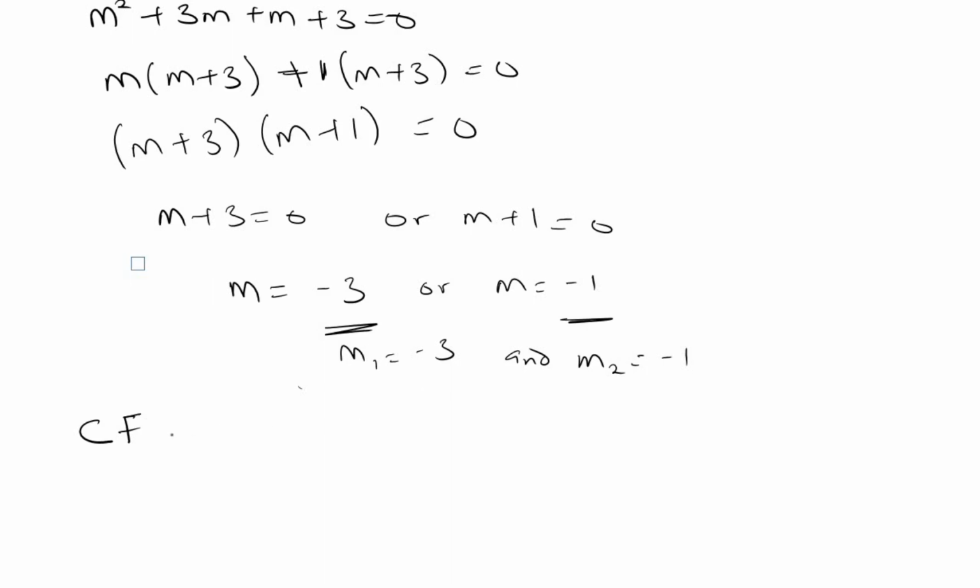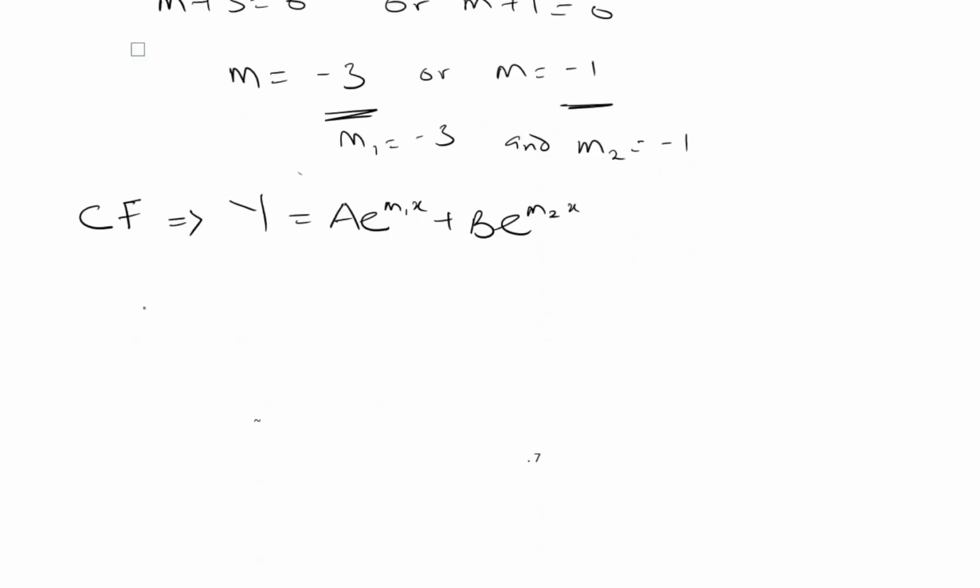But since here we have two distinct roots, the complementary function is y is equal to a exponential m1x plus b exponential m2x. So now, with m1 and m2, the complementary function is y is equal to a exponential negative 3x plus b exponential negative x. That's minus 1 times x is minus x. This is our complementary function.